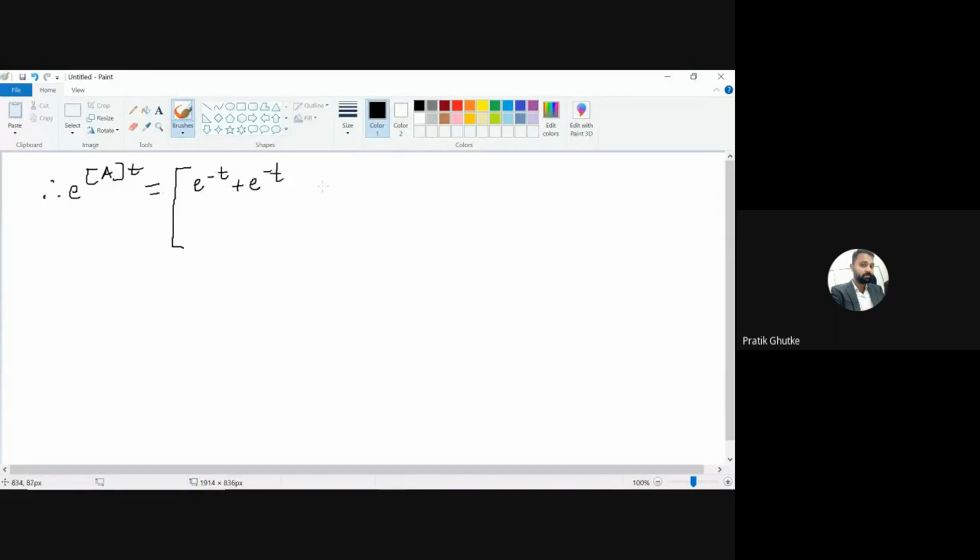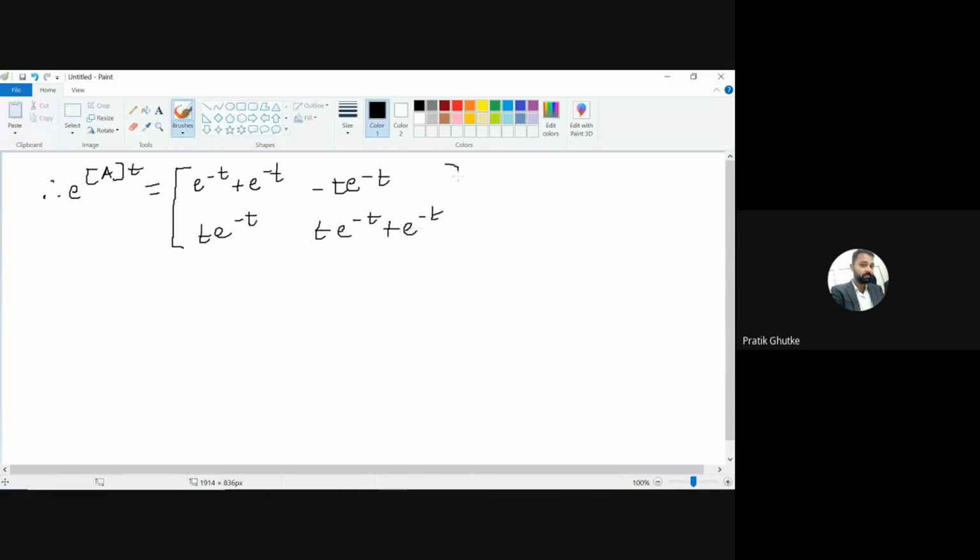Those two brackets I have multiplied. Now simplifying it, here it would be the t e raised to minus t term, and then t e raised to minus t plus e raised to minus t.